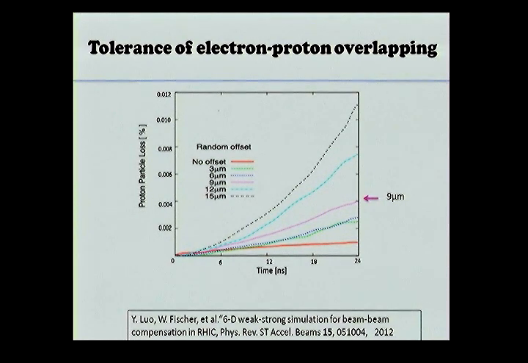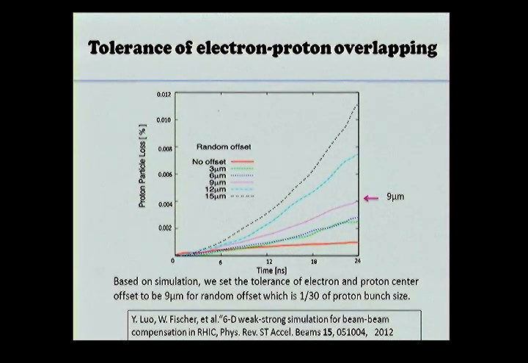Here I introduce random offsets with amplitudes of 3 microns, 6, 9, 12, 15 microns. If you look carefully, you can see that when we increase the amplitude of the random offset from 3 to 6 to 9 to 12 and to 15, we have more and more proton particle loss.